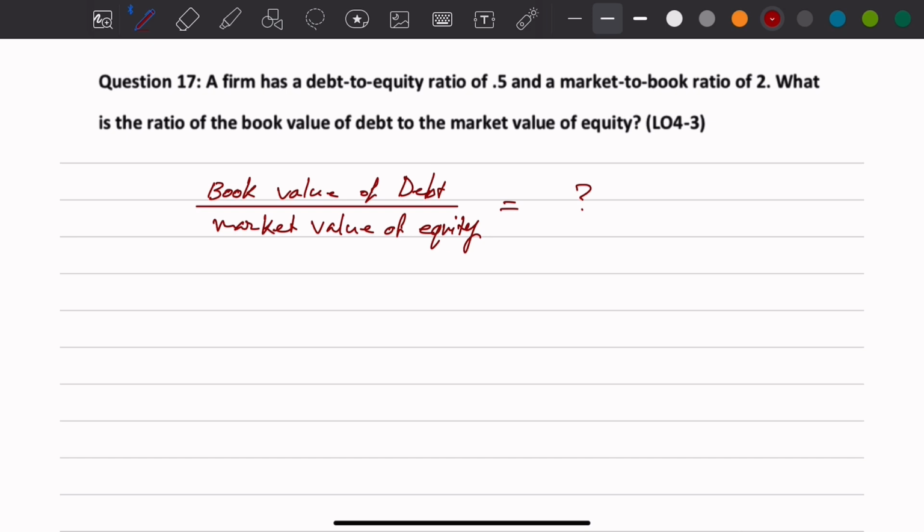This is unknown to us, but the question has given us some clues. They're telling us that the debt to equity ratio is 0.5. So let's write that down.